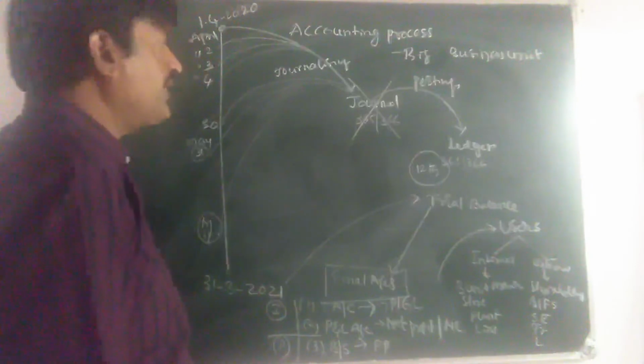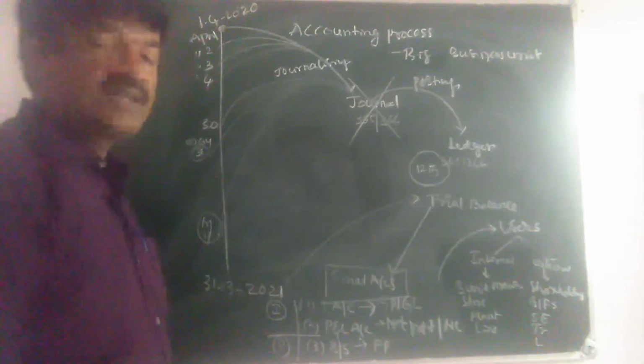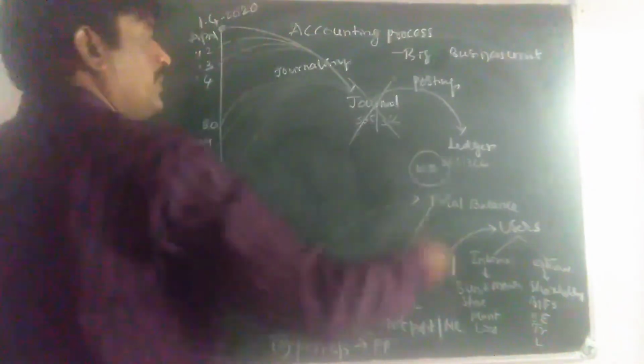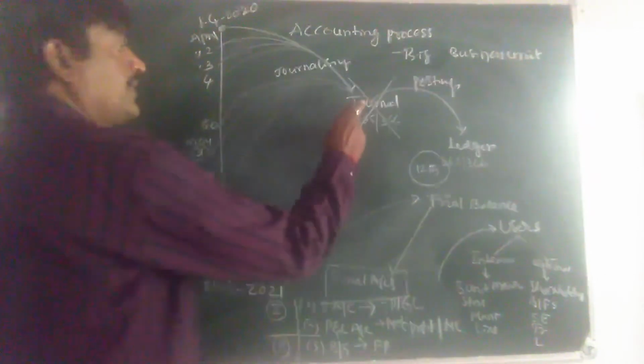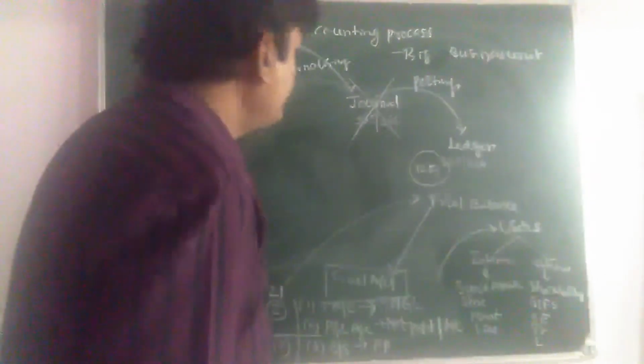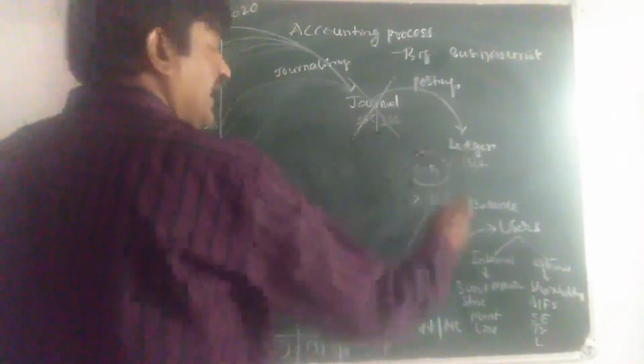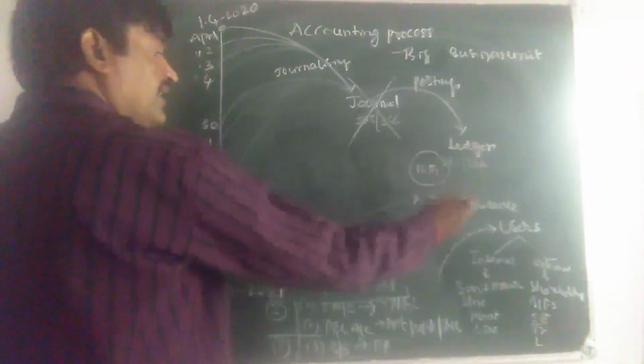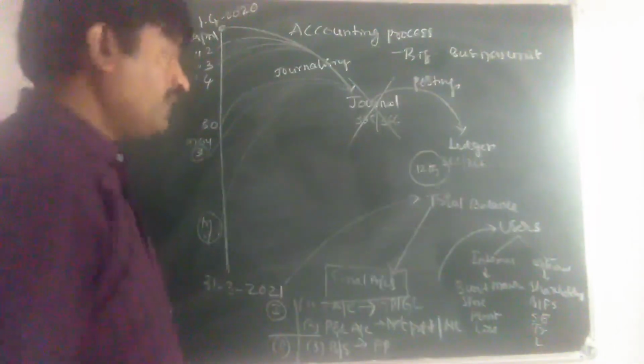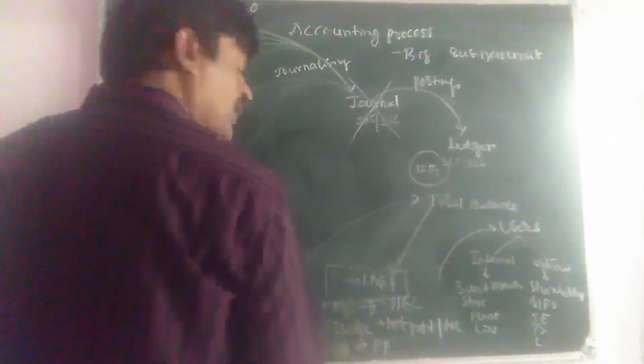It will take a tremendous amount of time. If journal is delayed, ledger is delayed. If ledger is delayed, trial balance will be delayed. If trial balance is delayed, final accounts are delayed.